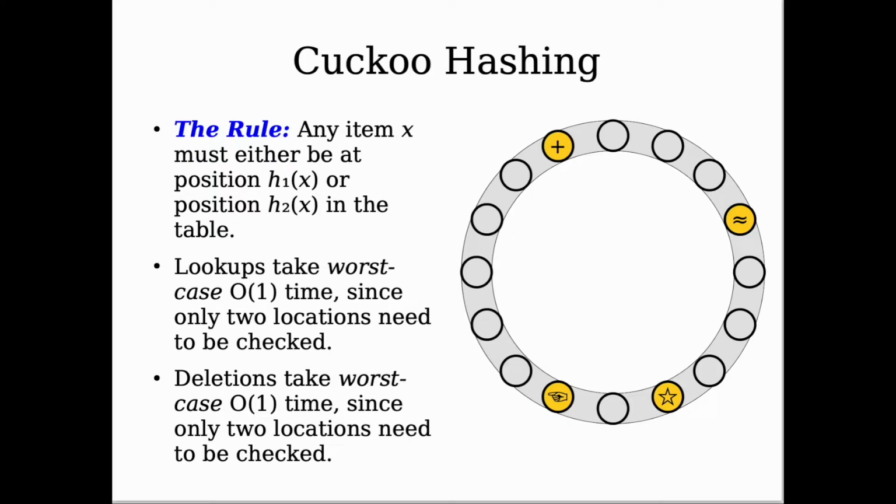And if we assume this, looking up or searching for a particular element x in our hash table takes exactly two comparisons, or constant time. And for deletion, since deletion involves searching and then deleting, deletion of a key will also need exactly two comparisons, the same constant time.